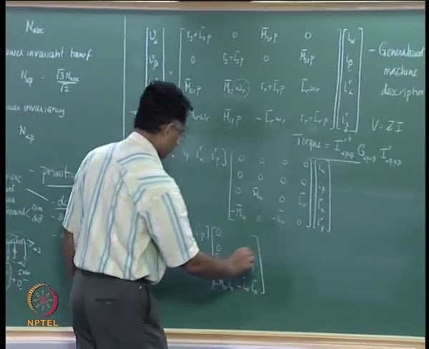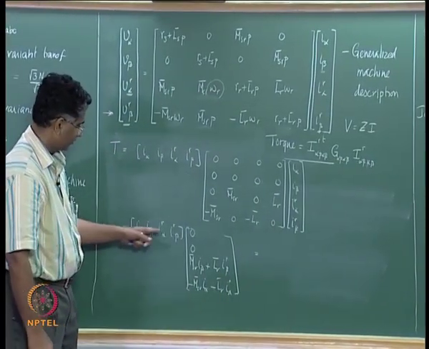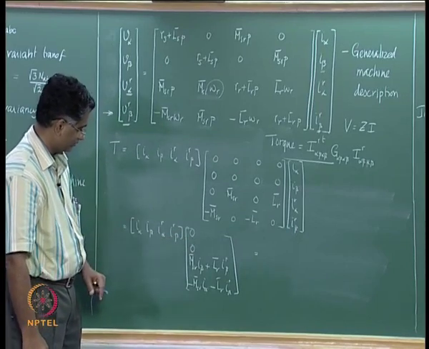If you multiply this out, the first two terms are going to multiply with 0, so there is no problem.